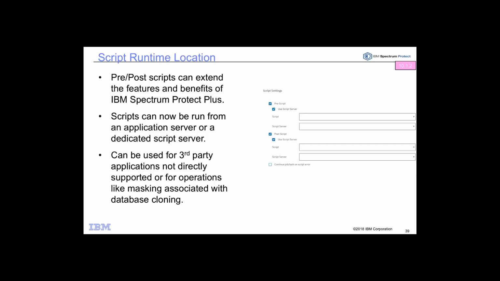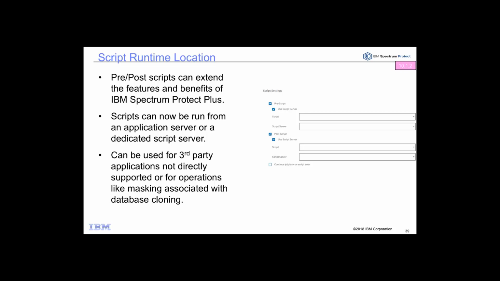We have added a new feature that allows you to run pre- and post scripts from an application server or a dedicated script server. So with Spectrum Protect Plus, you can choose to run pre- and post scripts for doing operations.